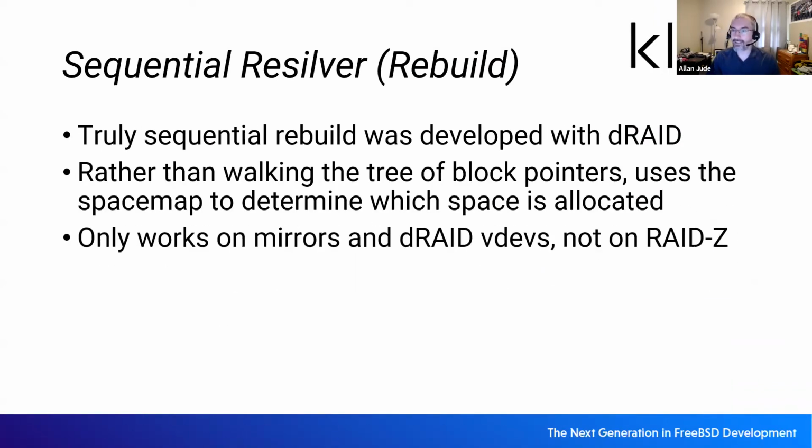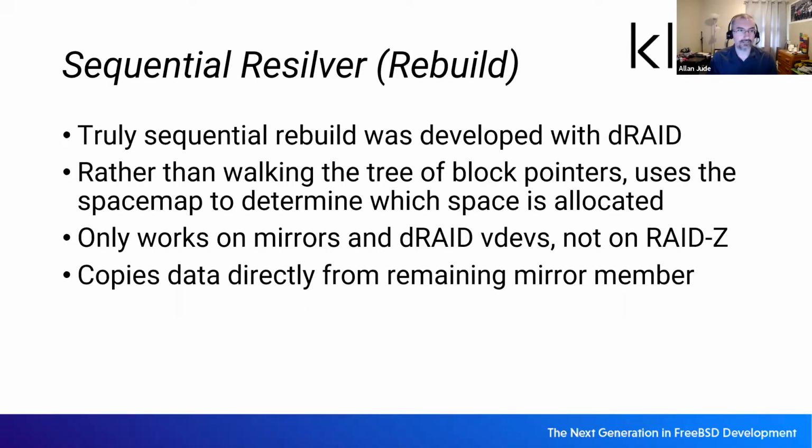But for DRAID, they were able to pull off a different mode called a sequential rebuild. So this truly sequential rebuild was developed as part of the DRAID work that also brought us the Metadata Vdev. So rather than walking the tree of blocks to find out what data is allocated and what's not, DRAID uses just the space map.